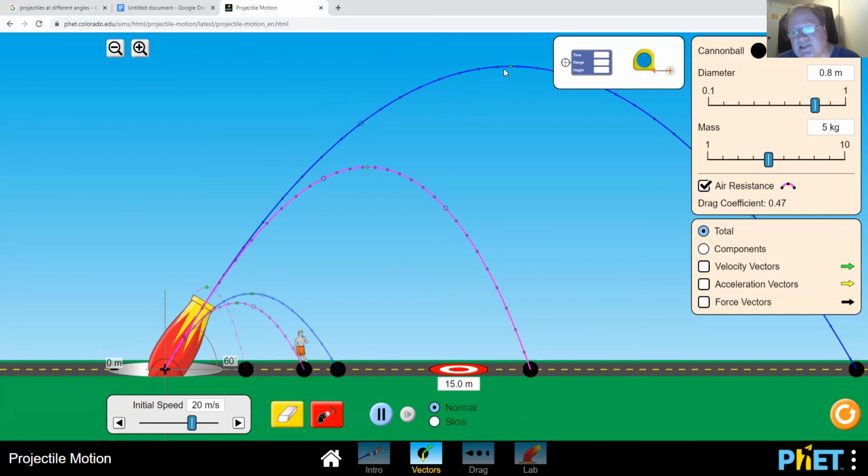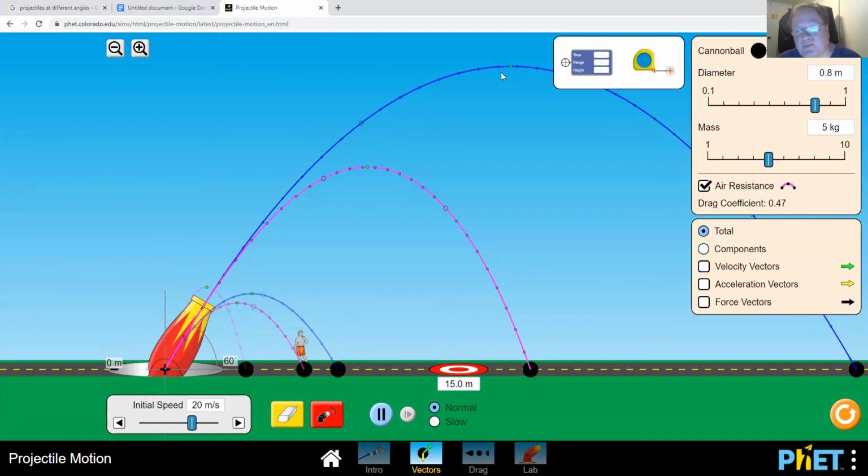Air resistance changes with your speed. So as air resistance slows you down, the air resistance that you have is going to change. And so that's a calculus problem, and we're not in for calculus. Okay, so that's why we assume we don't have air resistance.